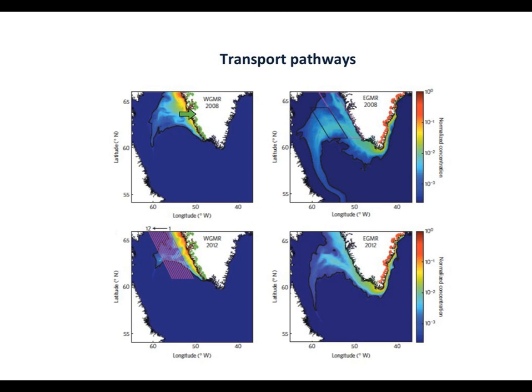Another thing to notice, well, the first thing to notice in this figure is that it's pretty clear that the meltwater from West Greenland does not really arrive into the convective area in any of those years. And this is true for the whole period considered, really. The one that managed to get into the convective region is the one from East Greenland. The other thing to notice is that if you look at the lines that we put in the bottom left figure, there is really not much meltwater across this area painted with magenta lines.